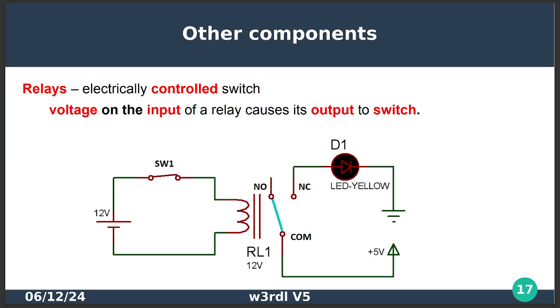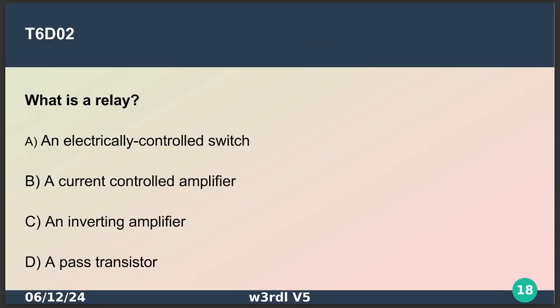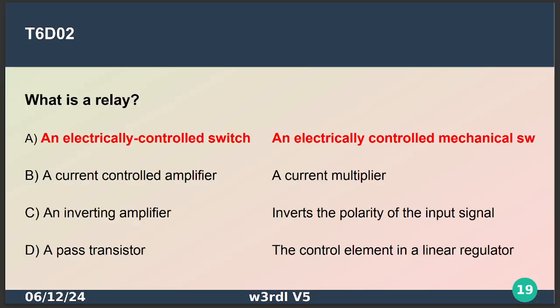Open switch 1 over here, current through the inductor shuts off, the spring in the relay brings it back to normally closed, and you should have your 5 volts down there connected to your LED, and you should have light. And that's used for lots of different things. What is a relay? An electrically controlled switch, A.